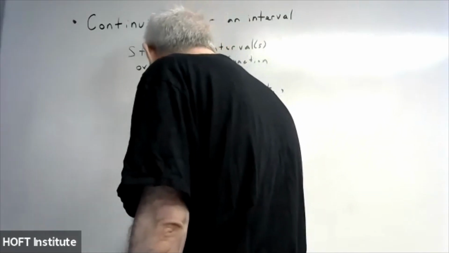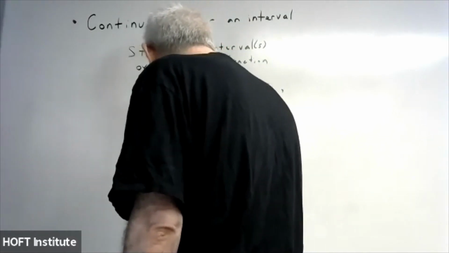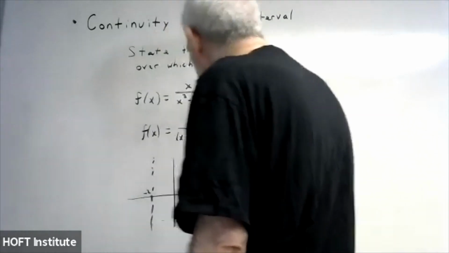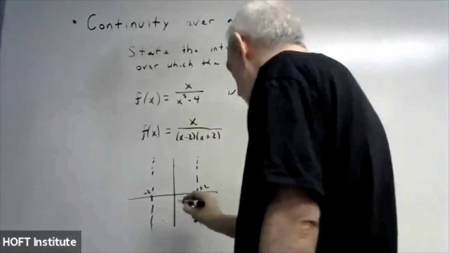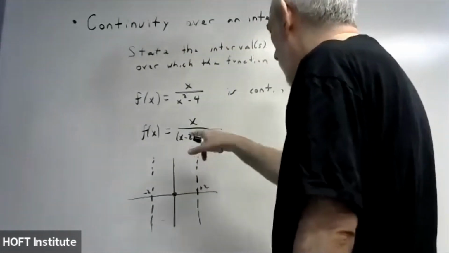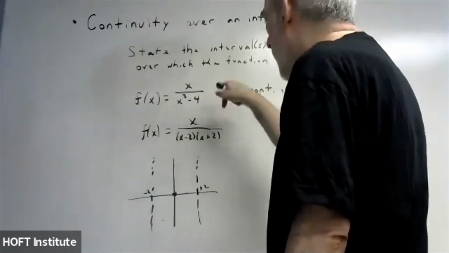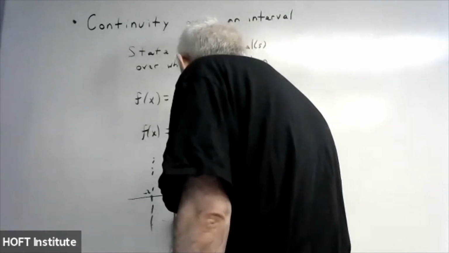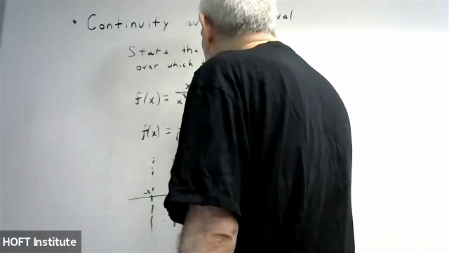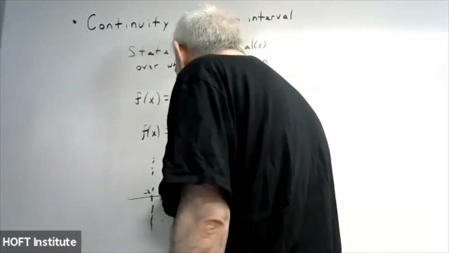Okay. -2, +2. If you plug in x equals 0, you get 0, so it's 0 in the middle. If we were to plug in +1, we would get 1 over -3, so like -1/3. If you plug in -1, you get -1 over -3 is +1/3.